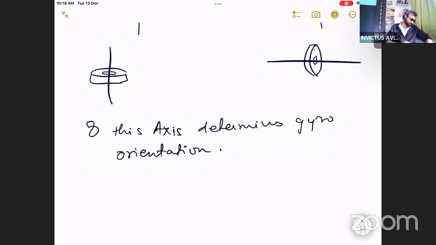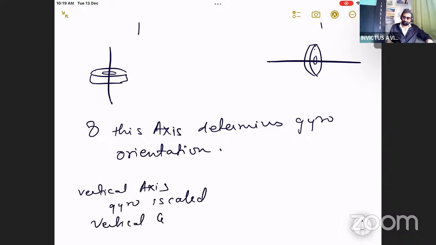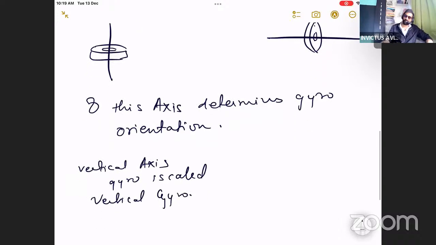All right. Vertical axis gyro is called vertical gyro. Okay.